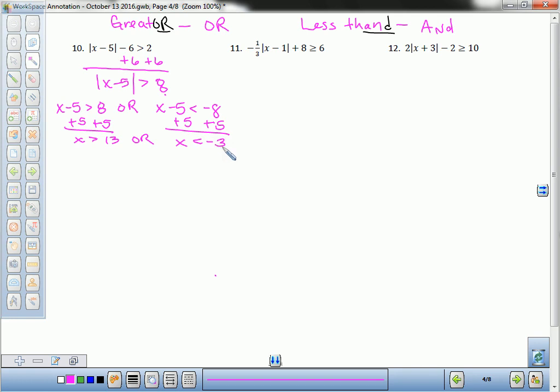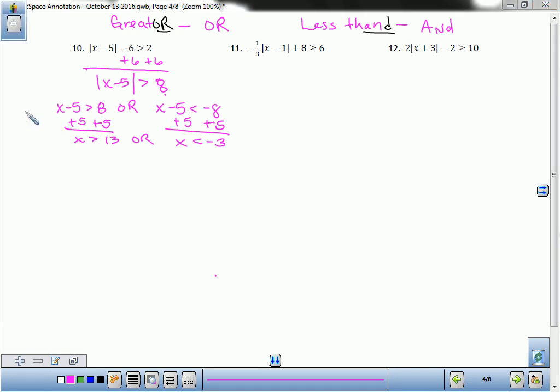Is it possible for a number to be greater than 13 and less than -3? No. That's why greater ends up being an or situation. It's either going to be greater than 13 or less than -3. Okay, so that's what it looks like as an inequality. This is our inequality statement.